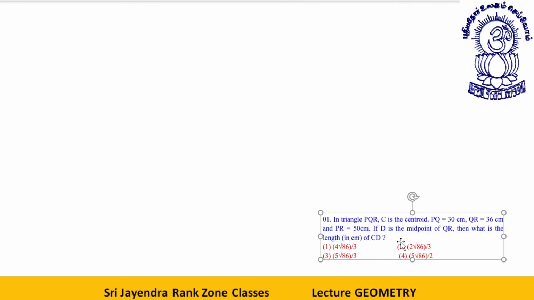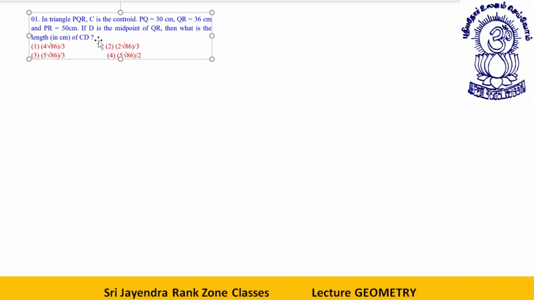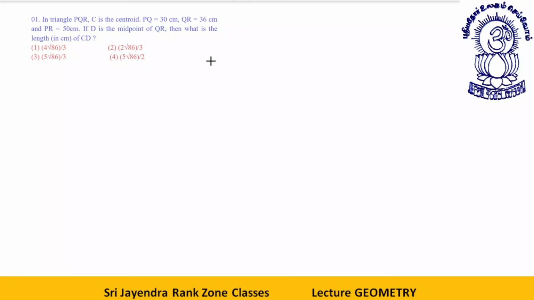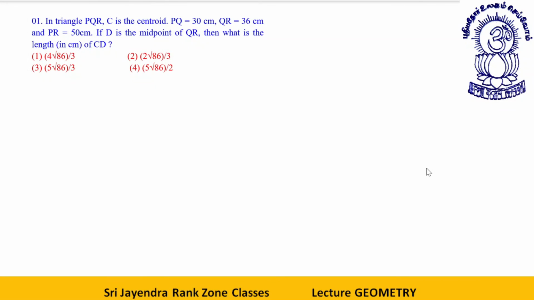So the next question for the next topic, dear students, the question for this topic, Apollonius theorem, is: in a triangle PQR, we have any triangle PQR. Let me draw the triangle first, then I will move ahead.